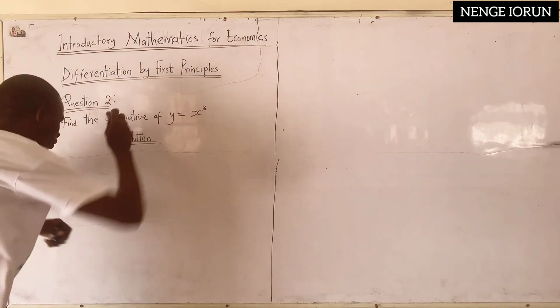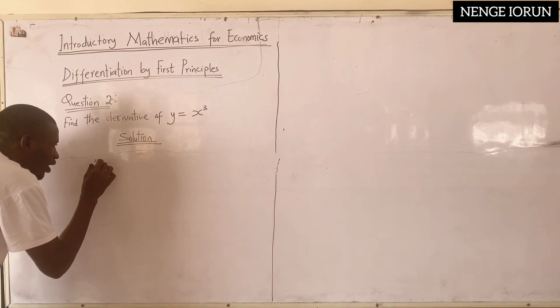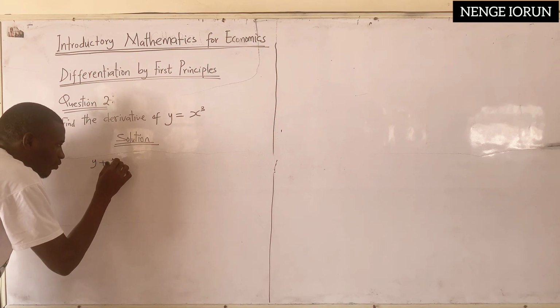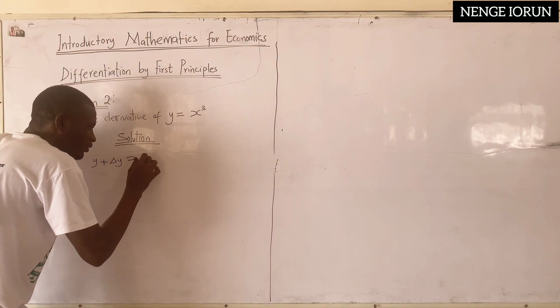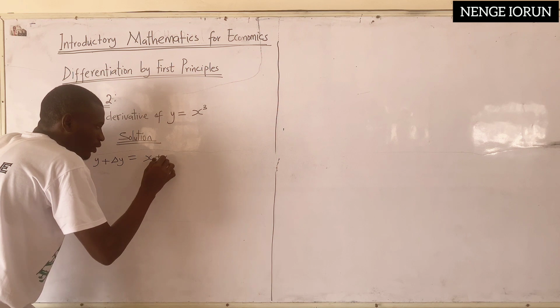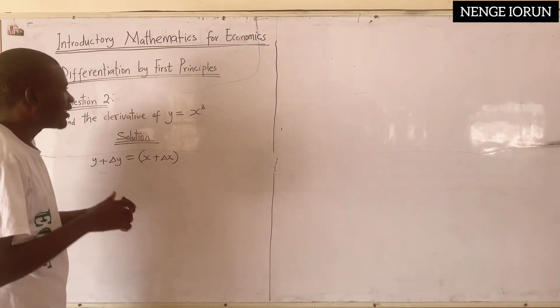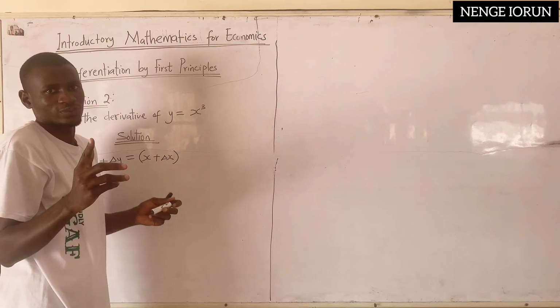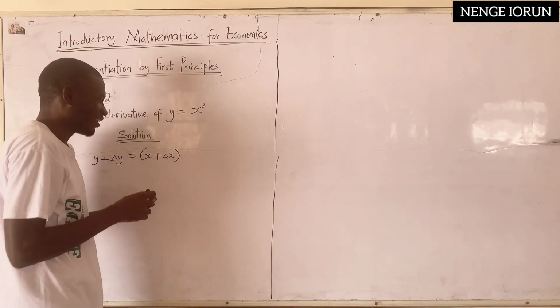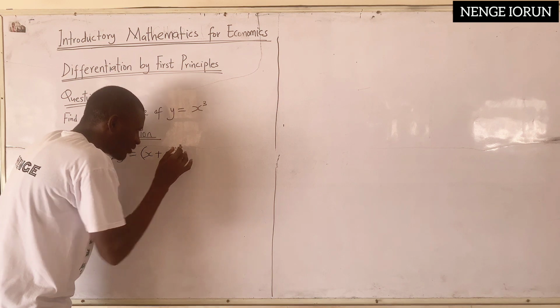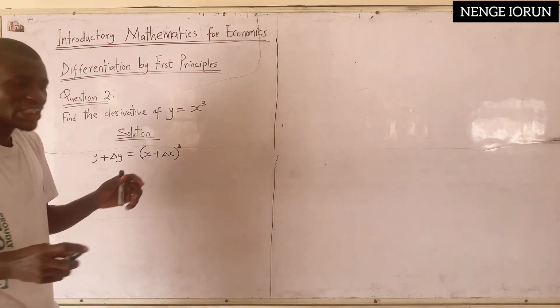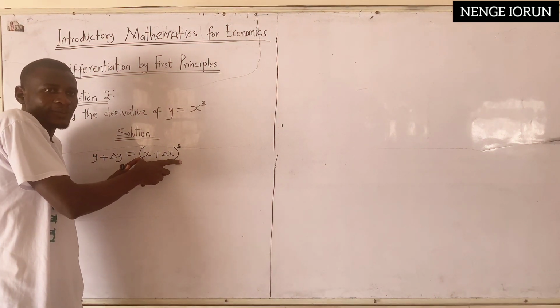So now you have y plus delta y is equal to x plus delta x, but in this case x is cubed. So we are going to put the cube here, which is 3. Therefore, you are going to expand this bracket.